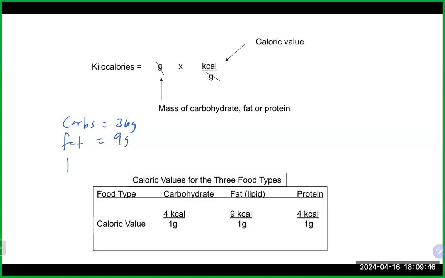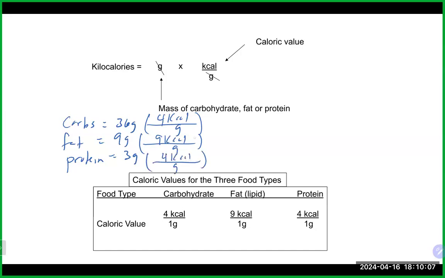And protein, how much is there? 3 grams. So we would take each of these and multiply it by its caloric value. For our carbs, 4 kilocalories per gram. For our fat, 9 kilocalories per gram. And for our protein, 4 kilocalories per gram.